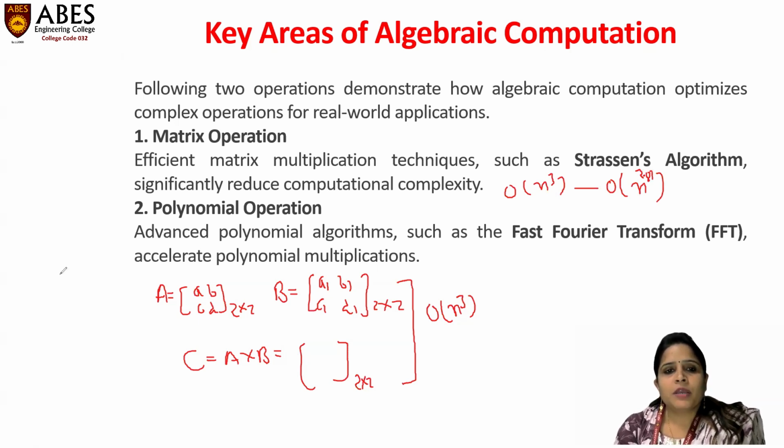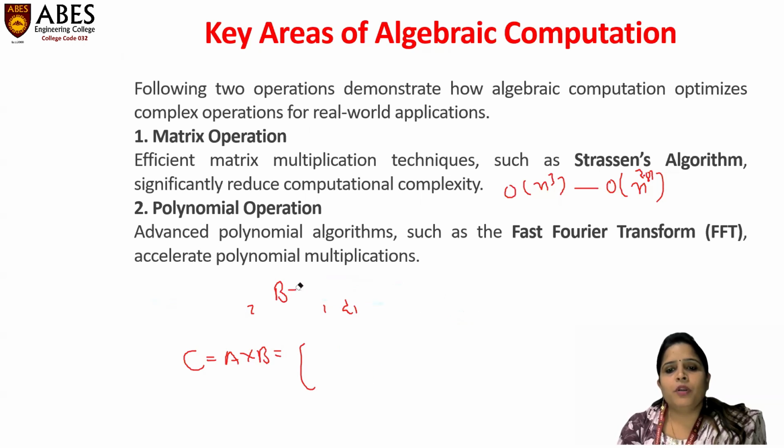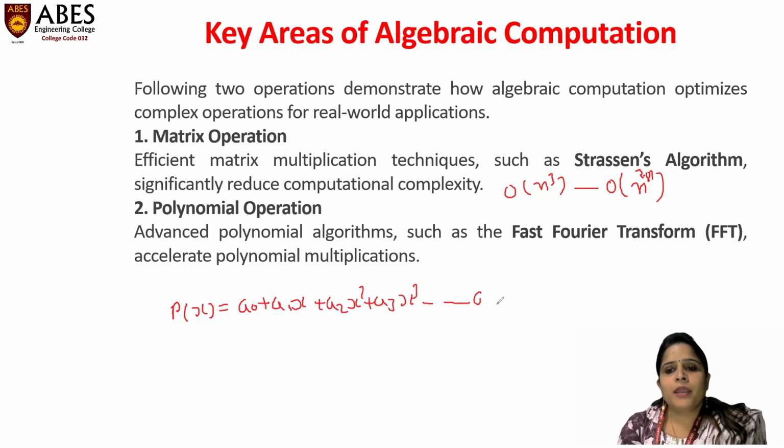Similarly, if I want to discuss the polynomial operation, when we want to solve any polynomial equation using a naive approach, like the polynomial P(x) is equal to a0 plus a1 x raised to the power 1 plus a2 x square plus a3 x cube up to an x to the power n, and we compute the polynomial expression using the naive approach, the time complexity here is order of n square.